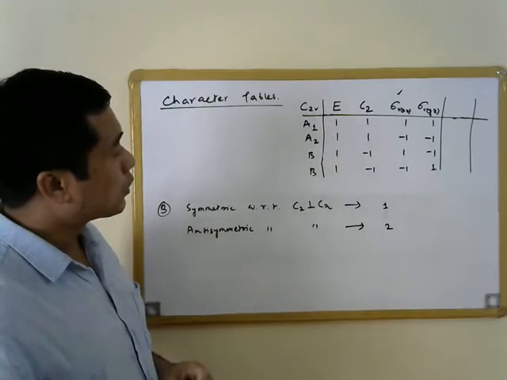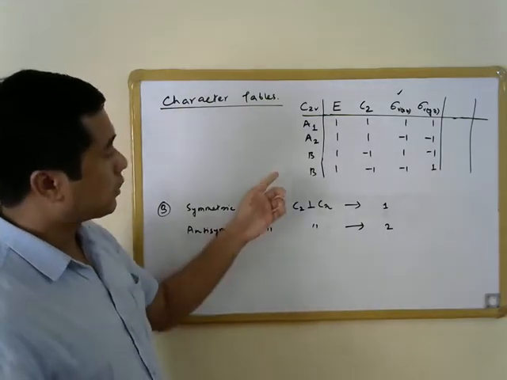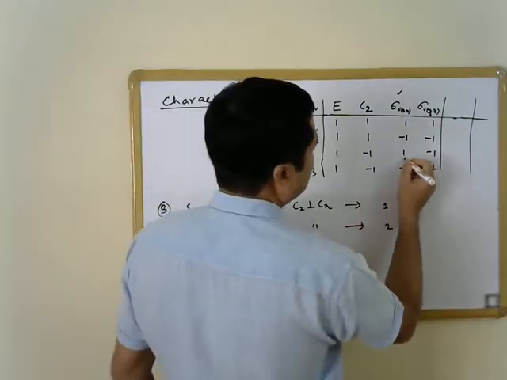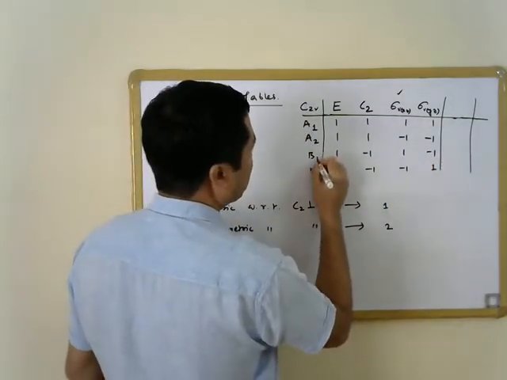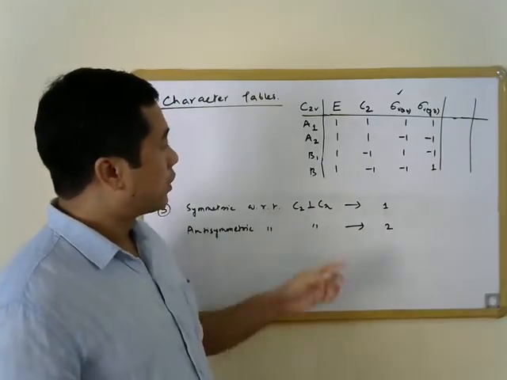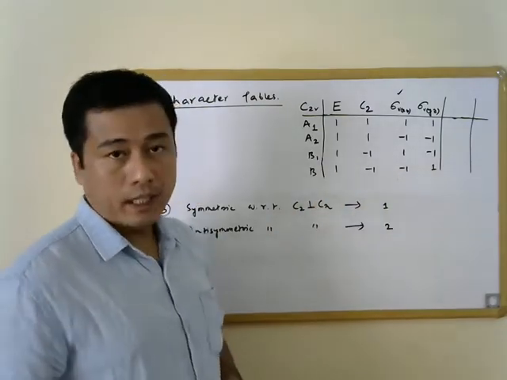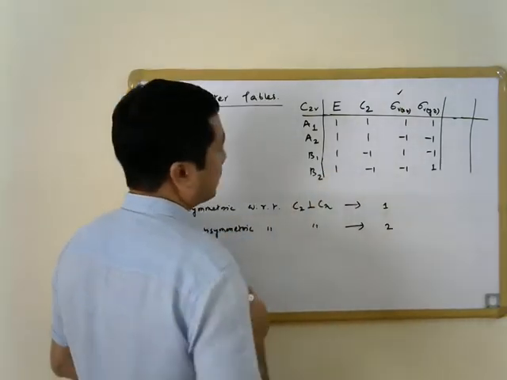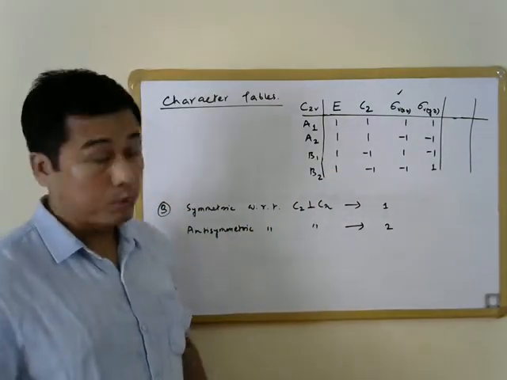And when you go to the third irreducible representation, you see that it is symmetric with respect to sigma v xz, so we write 1, and when we look at the fourth irreducible representation, it is antisymmetric with respect to sigma v xz, and then we write subscript 2.